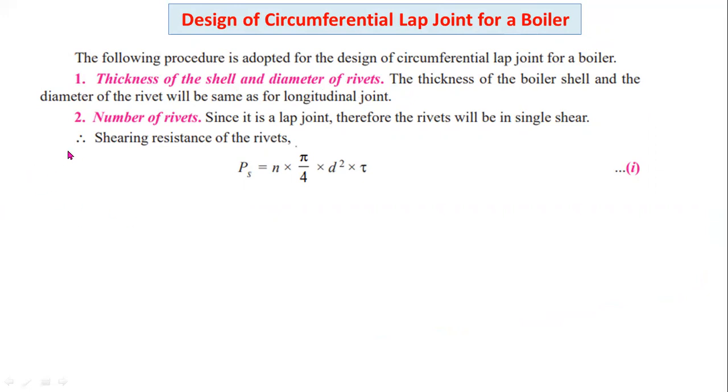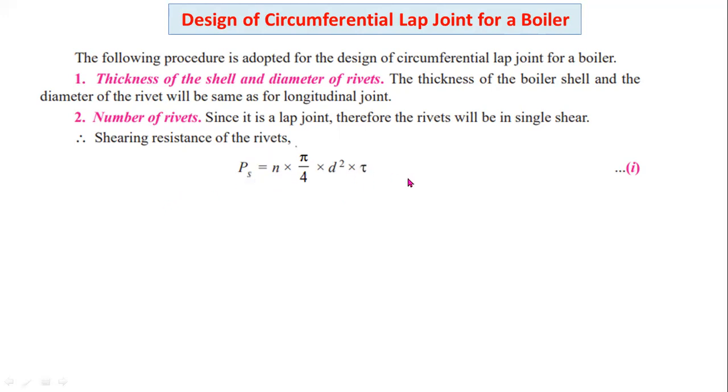In the second step, you have to find out the number of rivets required for the circumferential joint. This is the formula for determining the required number of rivets. Here n is the total number of rivets required to make the circumferential joint. This is the formula for shearing strength of the rivets.